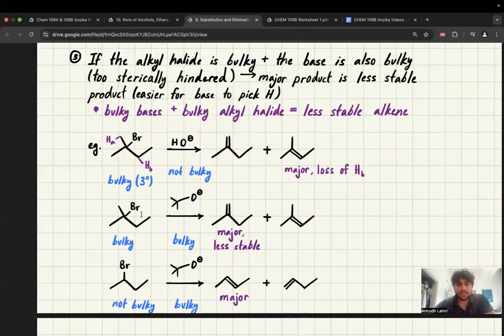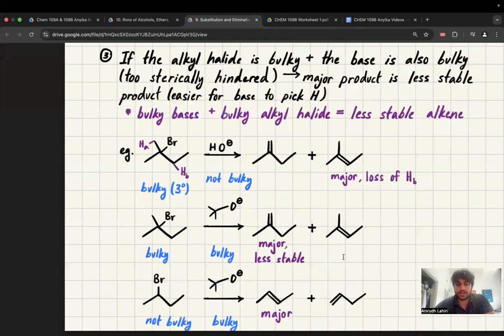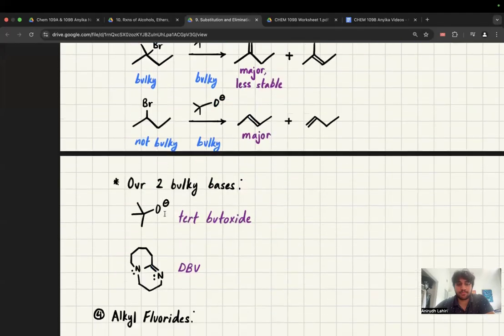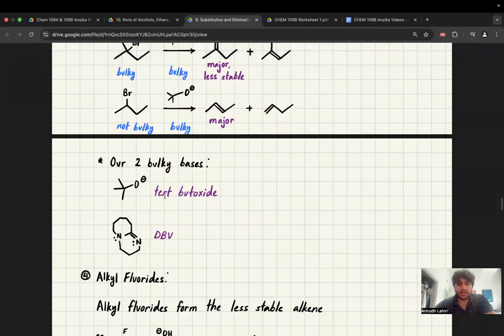The reason we form this is that it's just hard to make this compound sterically speaking. This molecule can't get to this area, right? It's easier to just grab something from here, go down, kick this off, right? Okay. The two bulky bases you're probably used to: I don't know if you've seen DBU, but tert-butoxide is a fan favorite.